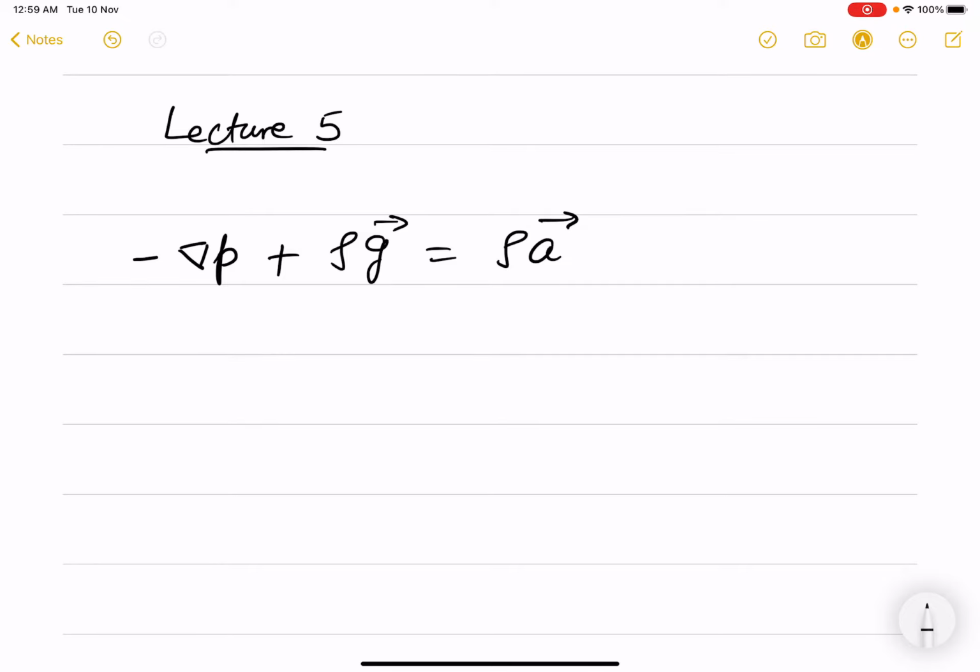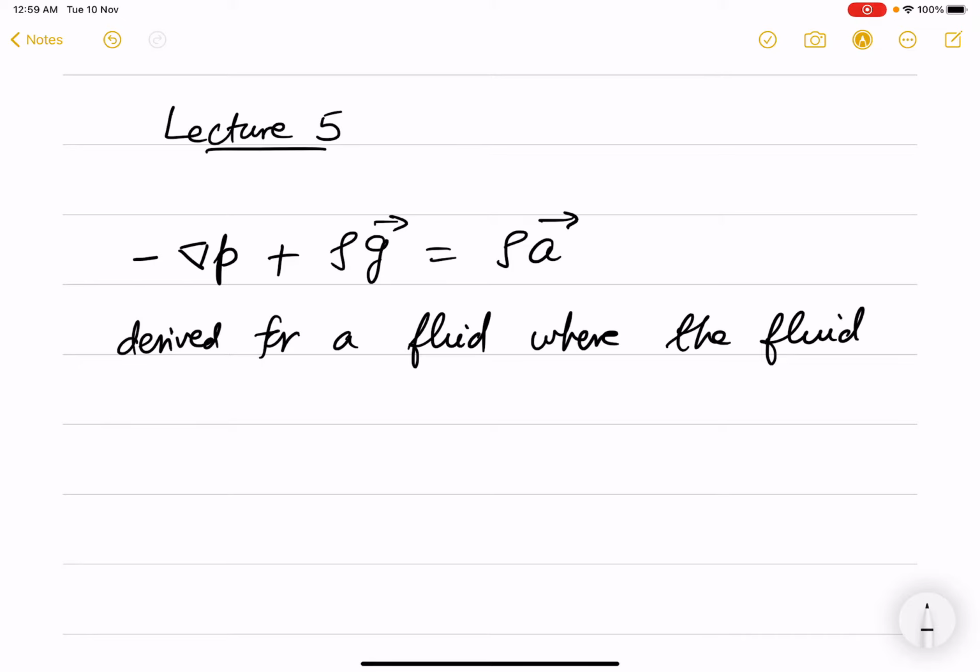Now, this relation was derived for a fluid where the fluid moved like a rigid body.